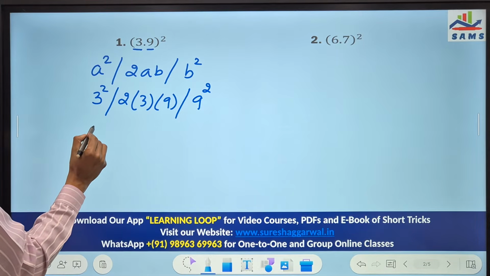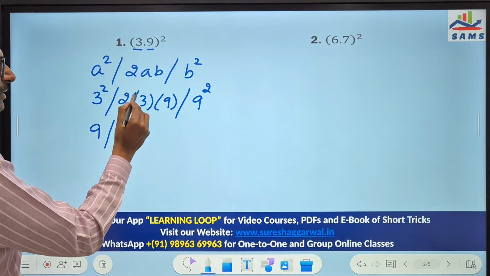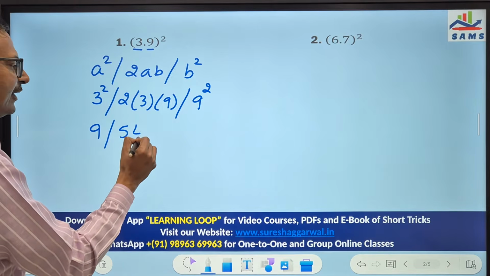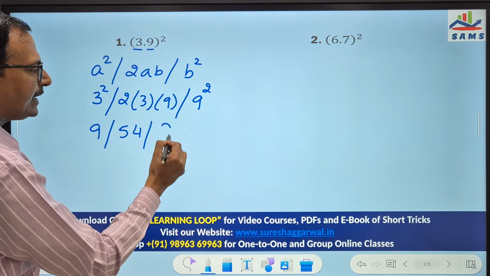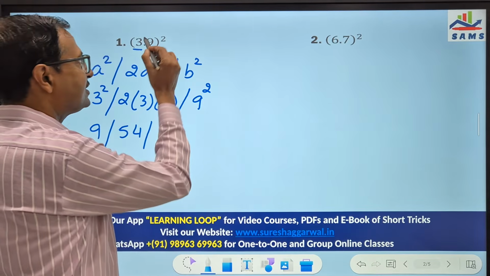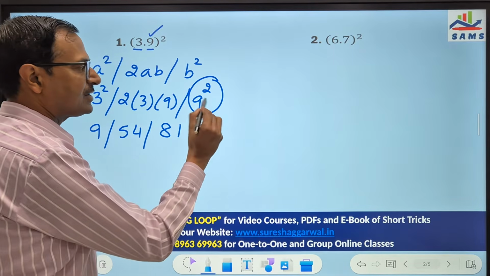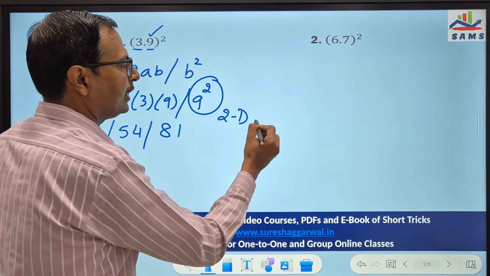So this is 3 square, 9; this is 9 3s are 27, 2s are 54, and finally we have 9 square, 81. Now one very important thing here is when you have a single digit number as b, then the square of this has to be a 2-digit number.